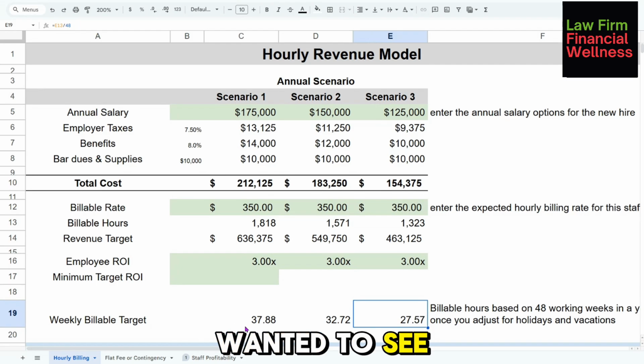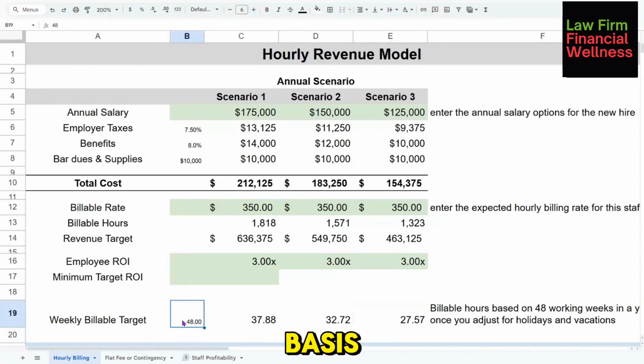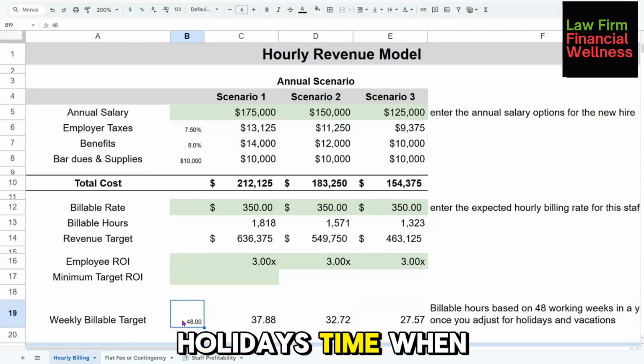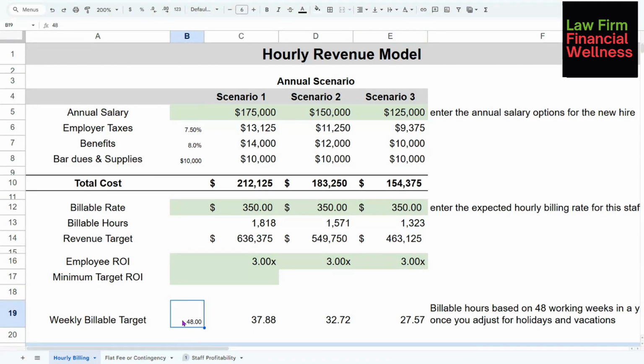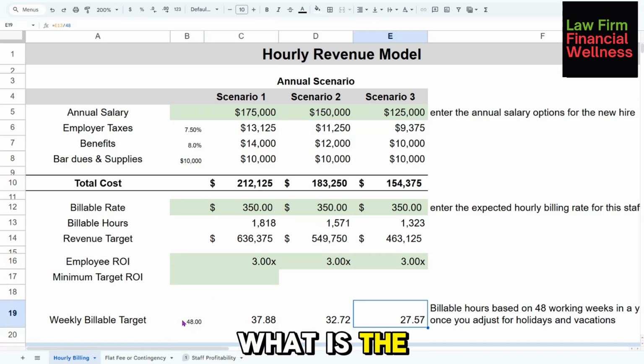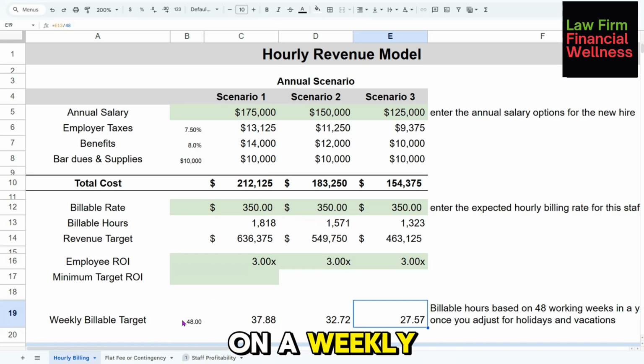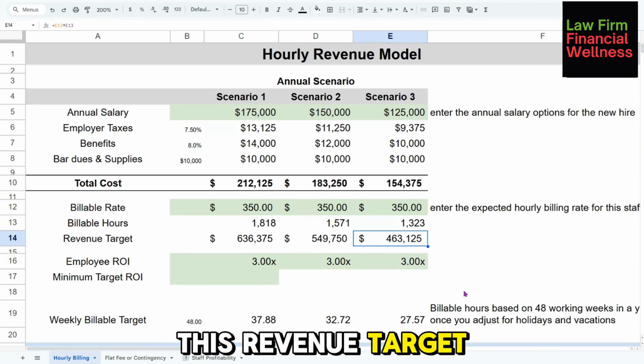What does that break down to on a weekly basis? We use a 48-week basis because, after vacations, holidays, and time when the firm is actually closed, we calculate the average number of billable hours they need to have on a weekly basis to achieve this revenue target.